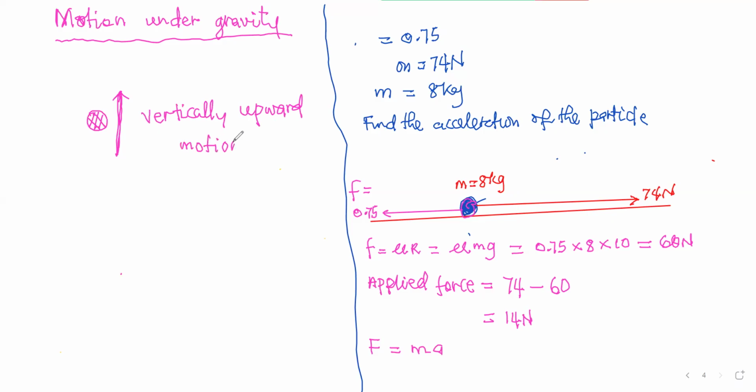Then when an object is also thrown or allowed to fall downwards, the object is said to move in a vertically downward motion.